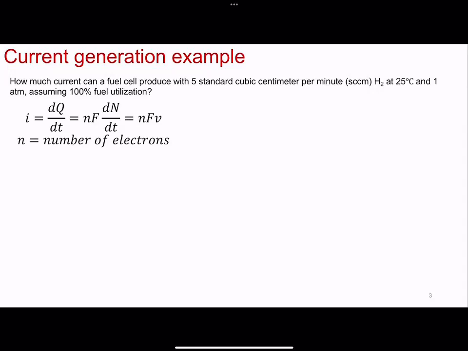So typically, let's say you have a fuel cell. Here's an example where you have a fuel cell that can produce 5 standard cubic centimeters per minute, or as is commonly known, SCCM, of hydrogen at 25 C and 1 atmosphere. So we're at standard temperature and pressure. What you need to be comfortable with is converting moles of gas to mass and volume as well.